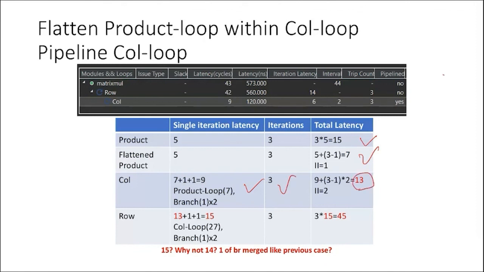I expect the total latency to be 13 in the current loop, and in the row loop, the single iteration latency should be 15, but it is computed as 14. So perhaps it merged the branch opcode somewhere beyond my expectation, I guess. So either the entry or exit.